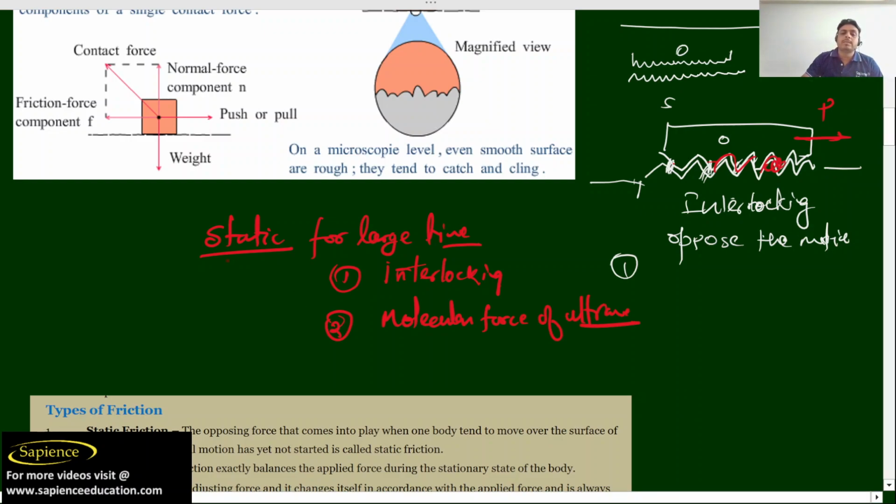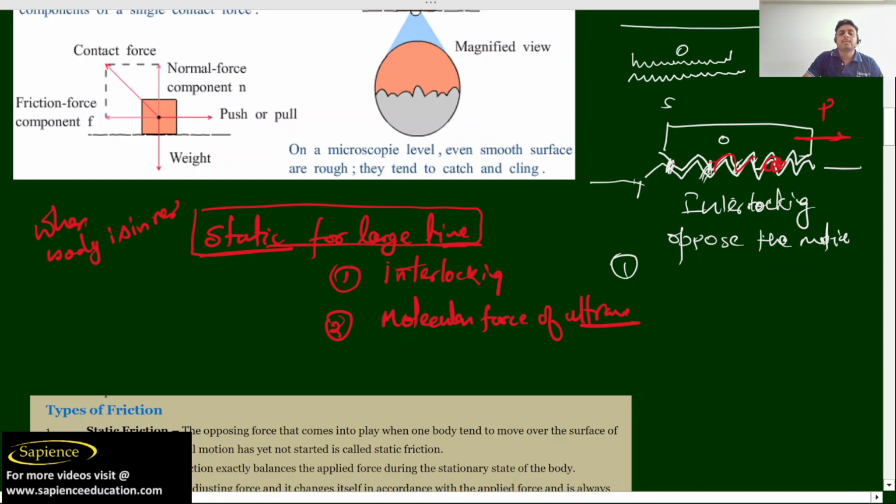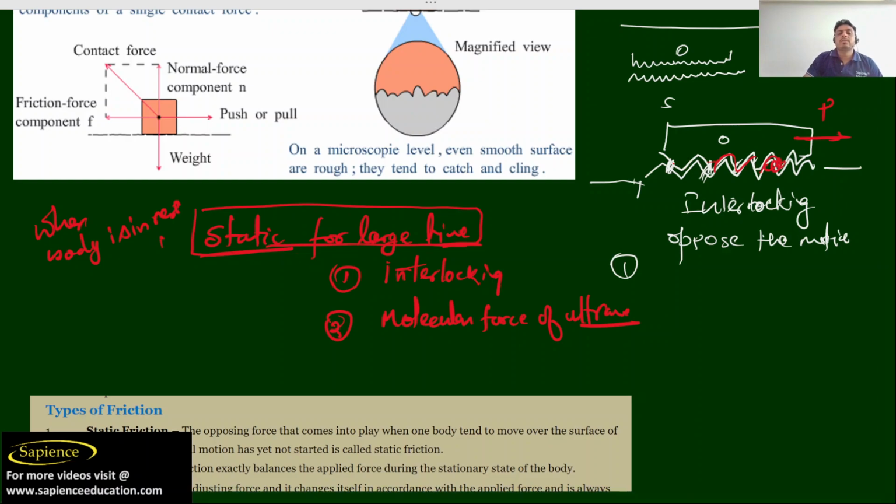So it means that there is a very large force in the static case. Static means when a body is at rest, and then static friction works, right?